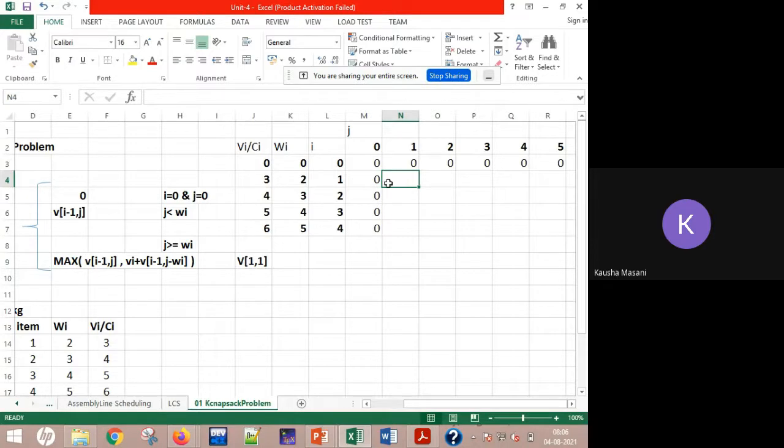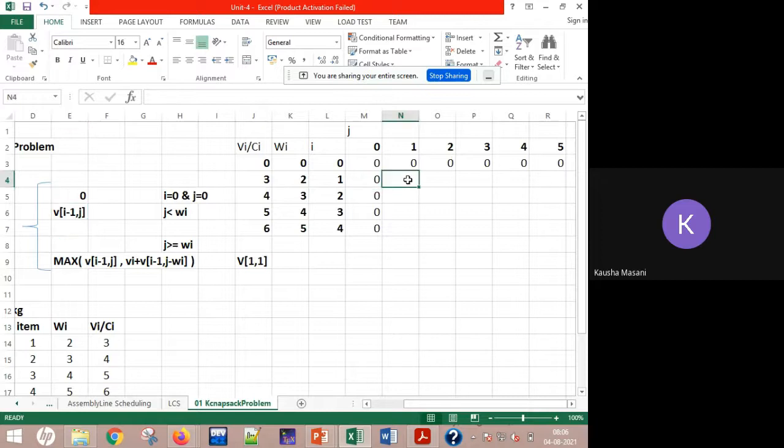Here the j value is less than my weight Wi. So what is the formula? I have to copy the above cell value, that is V of i minus 1 comma j. What is the above cell value? 0.